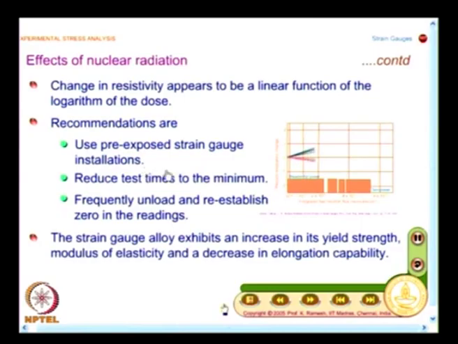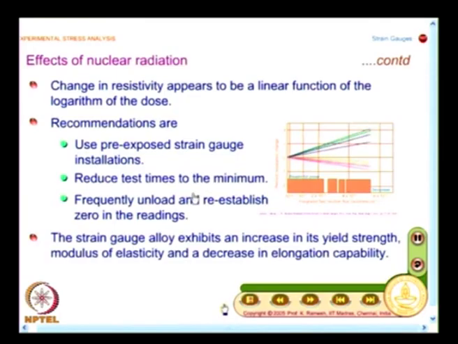Before you make the measurement, let the strain gauge installation also go through the same radiation dose. And the other recommendation is, reduce test times to the minimum. So, quickly go and make the measurement, because I am going to have a drift.